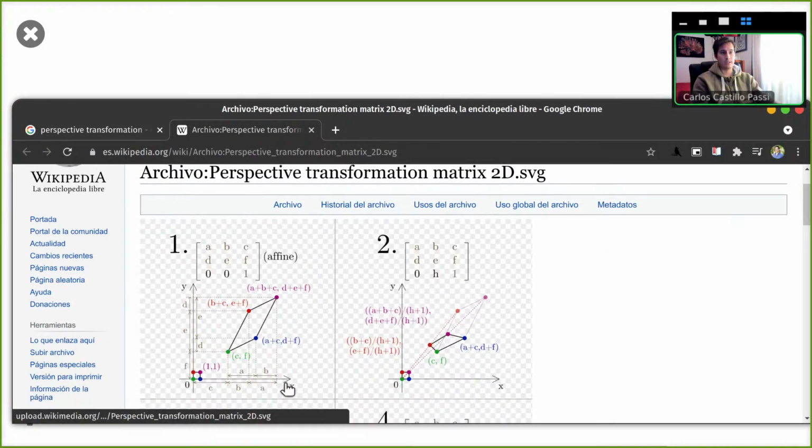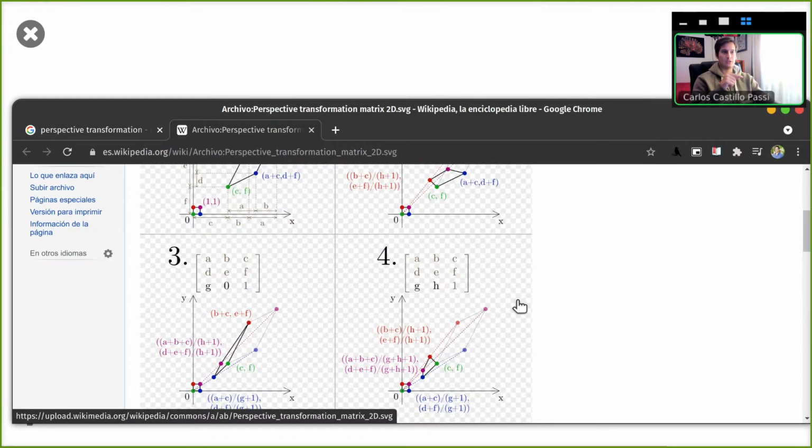If you have a 2D space, vectors in 2D, to do perspective, you need a 3D matrix. So basically you need to transform the domain to do this 3D perspective. So counterintuitively, the perspective transformation is not linear.